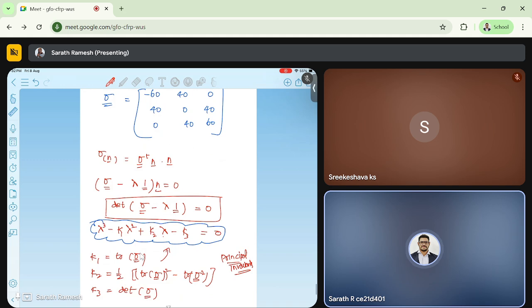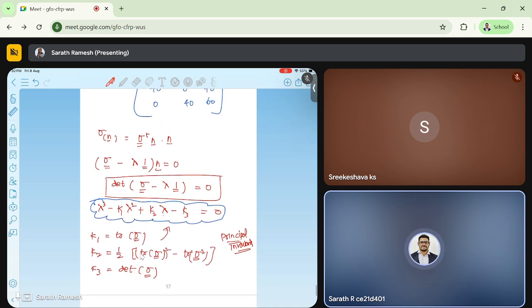Once we get lambda 1, lambda 2, lambda 3, we go back and substitute in this equation for n1, n2, n3 with the condition that the magnitude is 1. They are orthonormal, right? Eigenvectors are orthonormal vectors. So with that, we'll solve the problem.